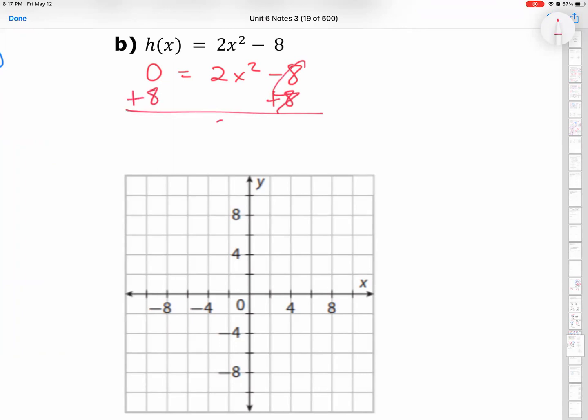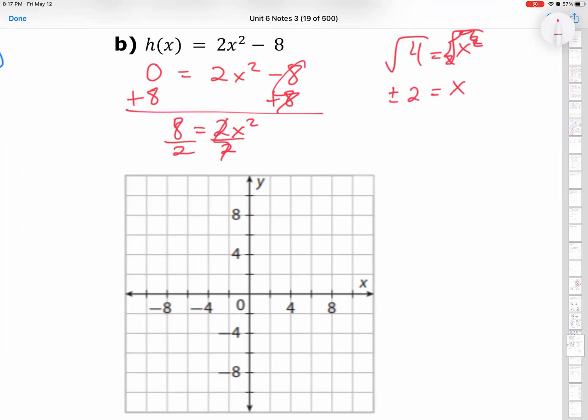Boom, boom. We get 2x squared equals 8. And then we'll divide this coefficient over. And so we get x squared equals 4. And then lastly, we'll take the square root of both sides. So x comes out to be plus or minus 2.